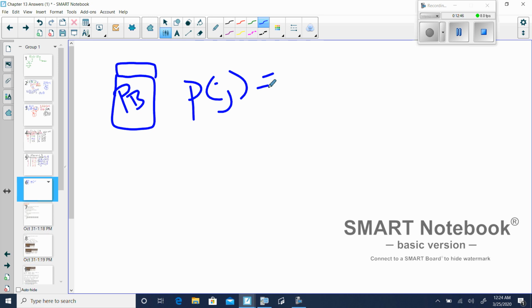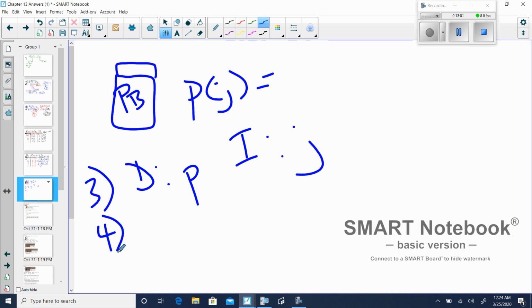All right, so dependent variable is going to be P. Our independent variable is going to be J. All right, now what values, so that's example 3, what values, example 4, are going to make sense in this situation?